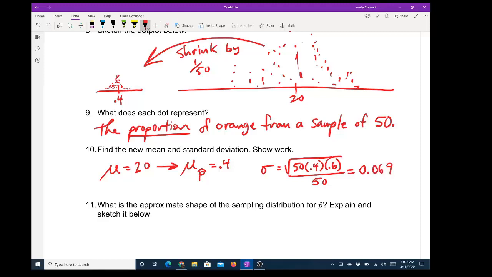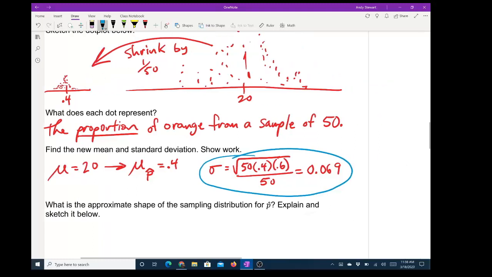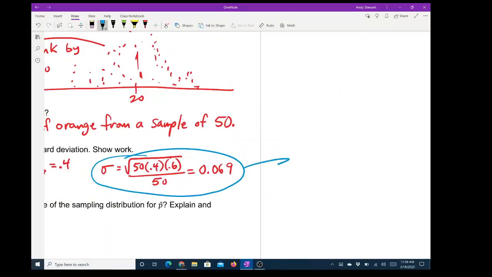Well, with a little bit of algebra, you can take this and transform this into a slightly different formula. And we'll put this in the notes, but I'll write it over here. The standard deviation of the p-hats is going to be the square root of p times 1 minus p over n. So that's an algebraic transformation.